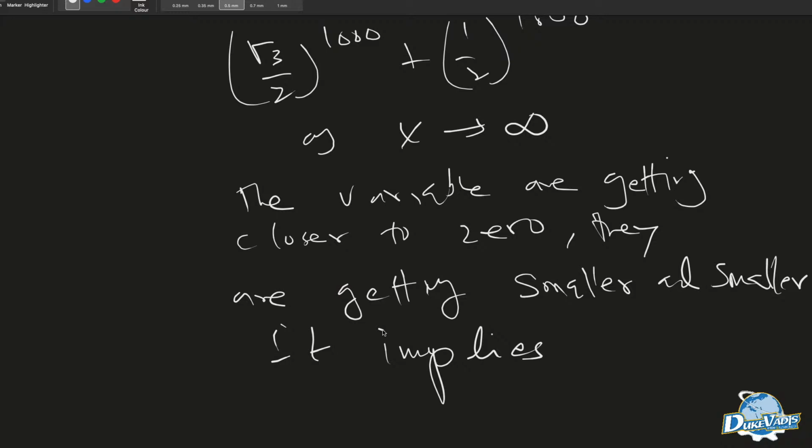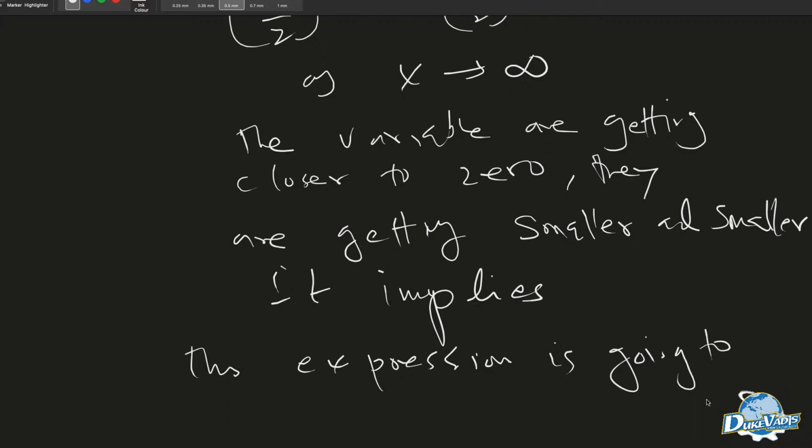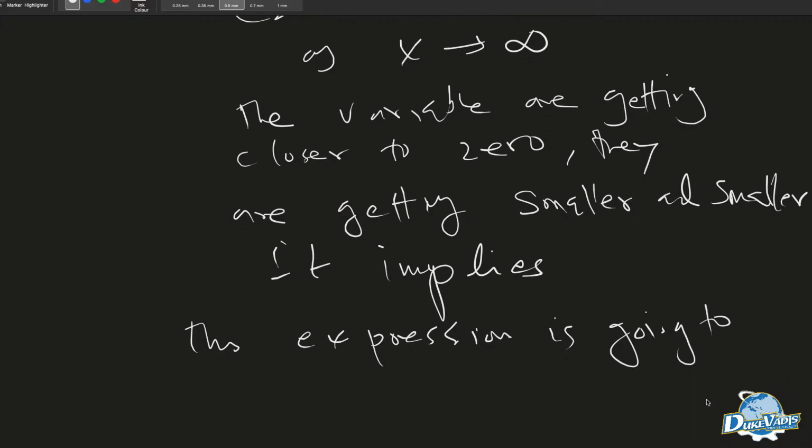So this expression is going to get less. This implies the expression above is going to be less than 3 over 4.